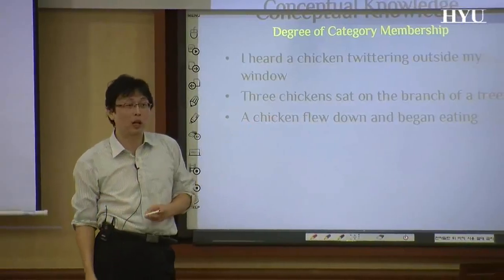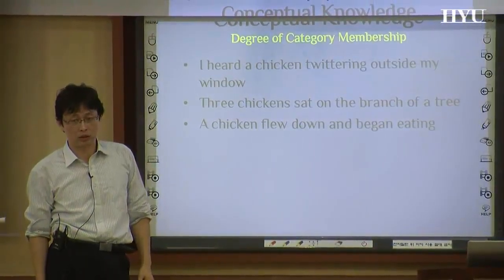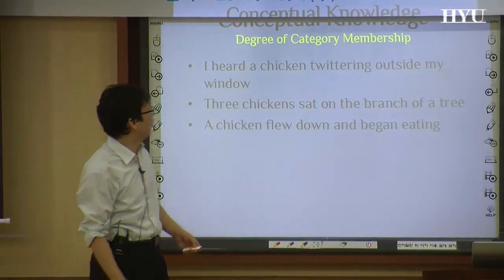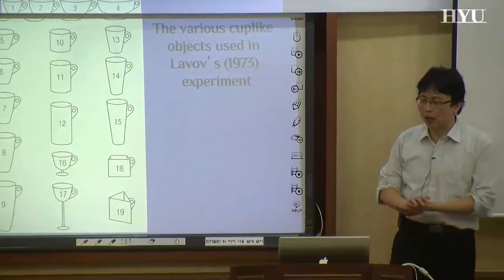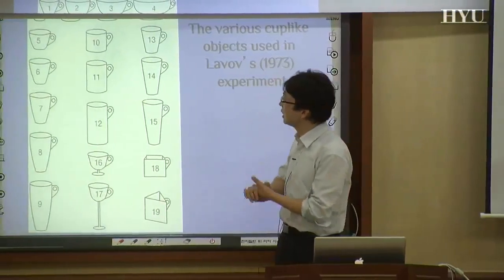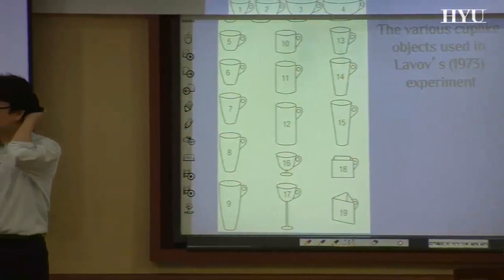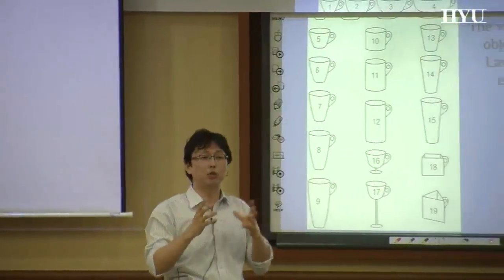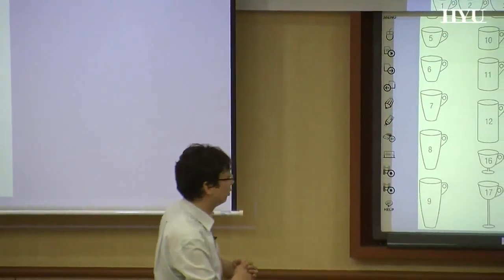That comes from the ontology. How to make a slot structure is from the ontology. Another experiment, done by Labov in 1973, is another interesting experiment to define the information or knowledge structure and how the schema is made, about cups and bowls.